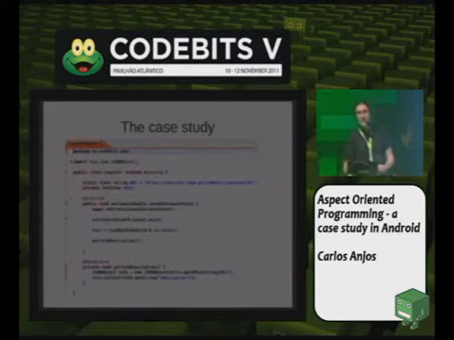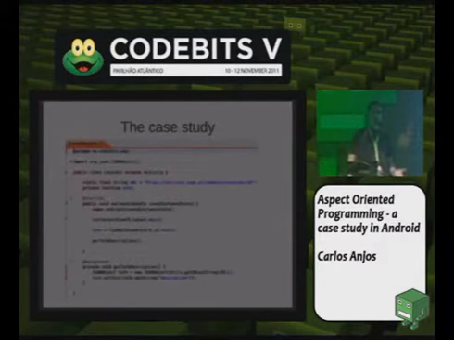So this will be our case study, really simple. This is your business code, what you really want to do. This is one of the Codebits APIs that picks the most awesome talk in these Codebits, which you might guess what it is.